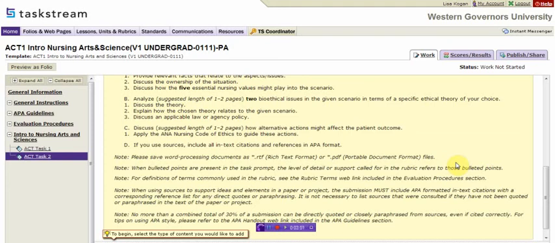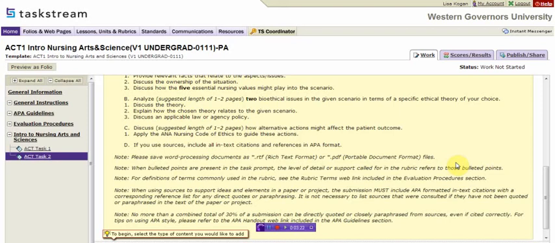So you're asked as the student to discuss one of those ethical theories and relate it to this scenario specifically. So briefly discuss what the theory is, and then relate it to the scenario. Take that ethical school of thought, that approach, and relate it to the scenario.